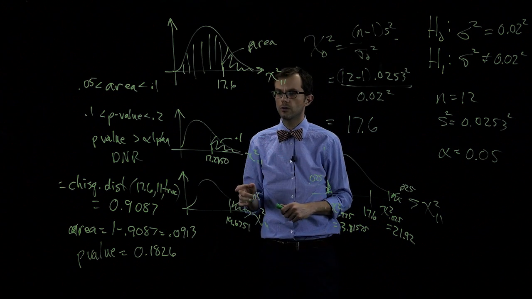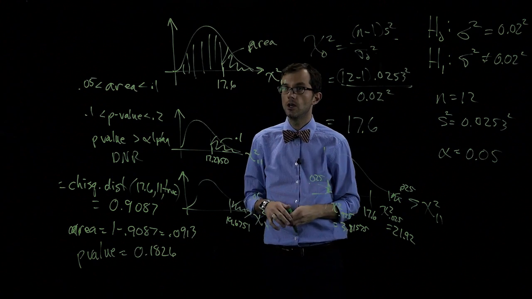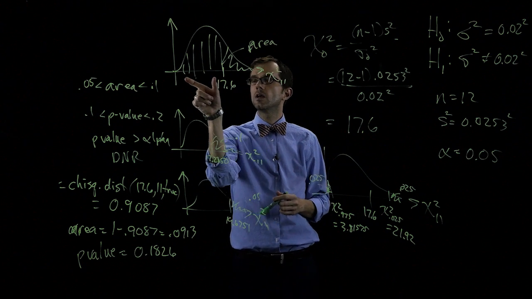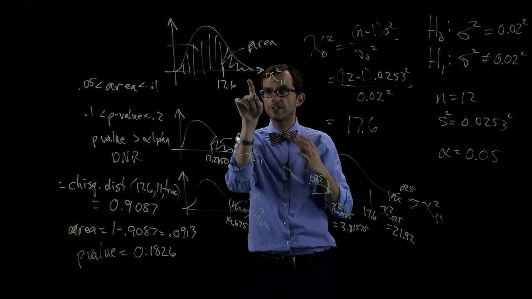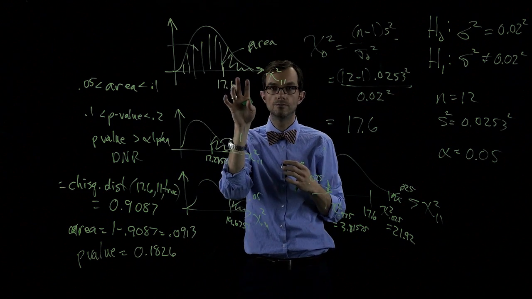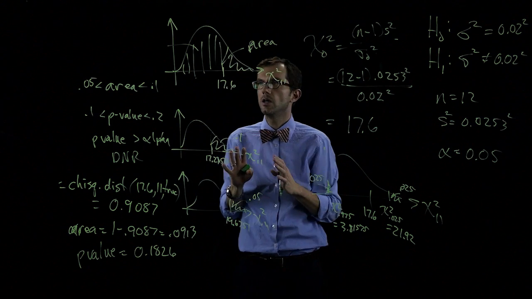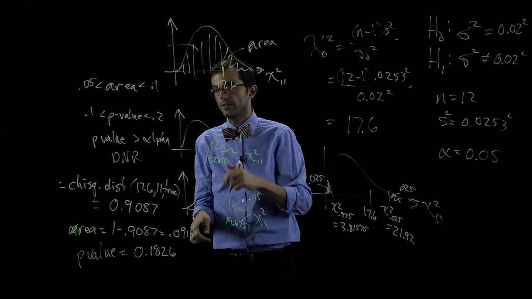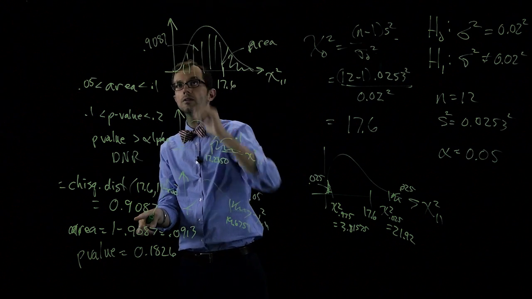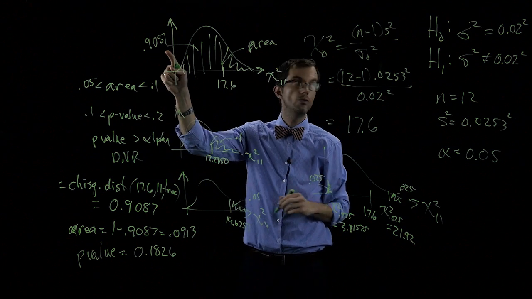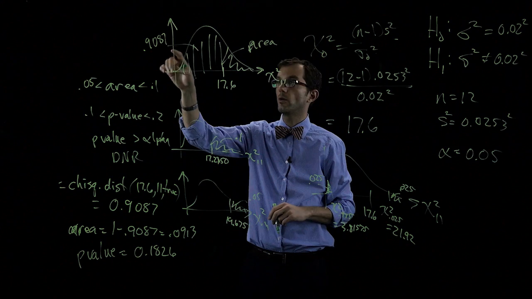I should also point out, if we're unsure which area to multiply by 2, do we take the upper tail or the lower tail? The way to figure this out is, if we had taken this area, which was 0.9087, and multiplied that by 2 to get our p-value, we would get a value of 1.8 something.